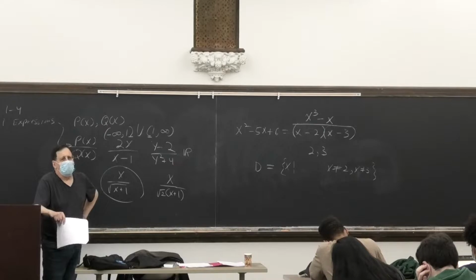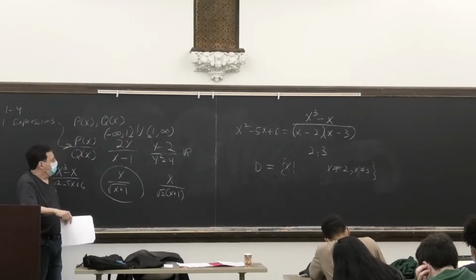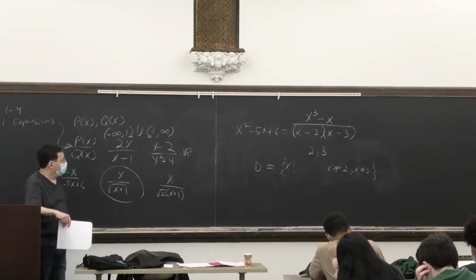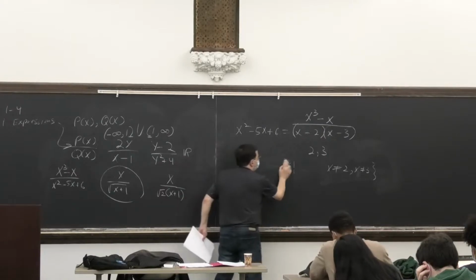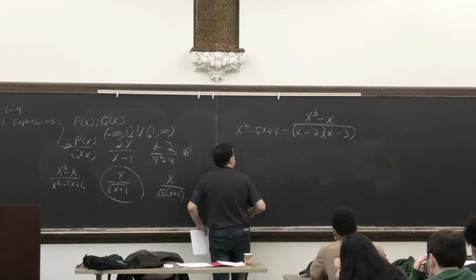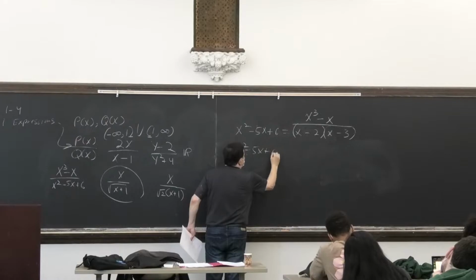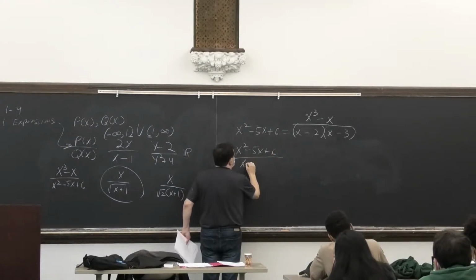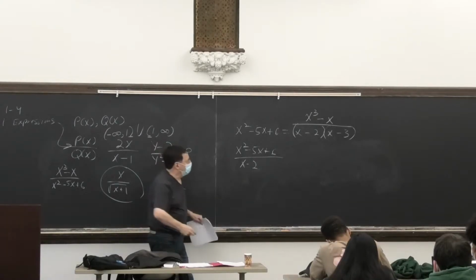There's something important about the domain of an expression, which is it's kind of permanent as far as what's excluded from it. So, for example, I might say something like this. I might say, simplify this.